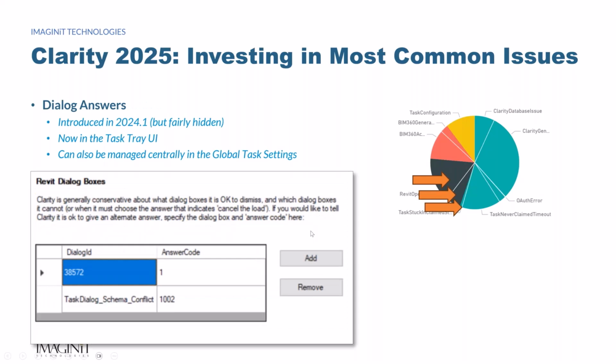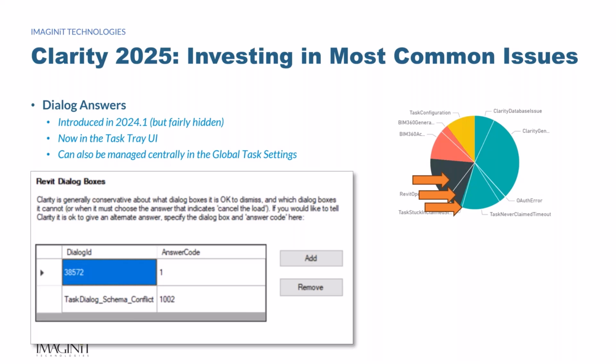Similarly, with other dialog boxes, I think the most common thing we've seen in the past few years has been schema conflict issues. It happens, especially if you're sharing your model with other partners, but the dialog that pops up is relatively threatening looking in that it says you could lose your data if you continue with this.